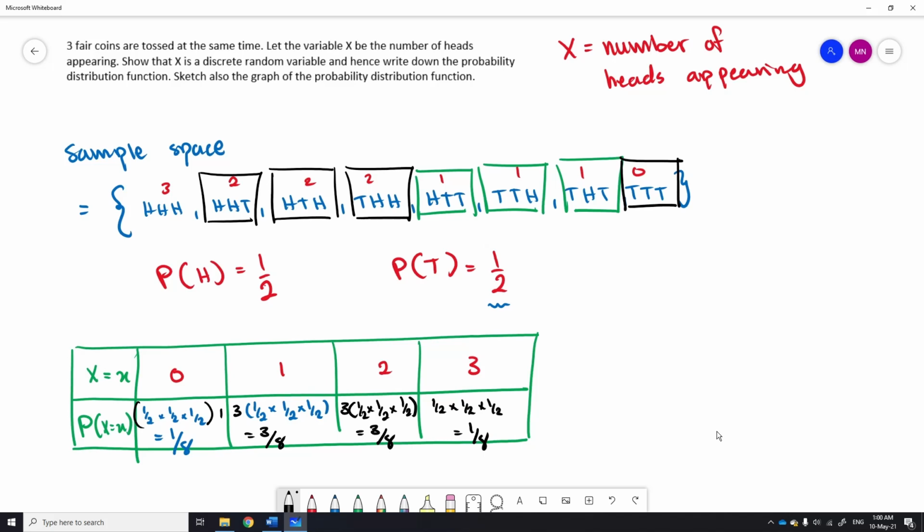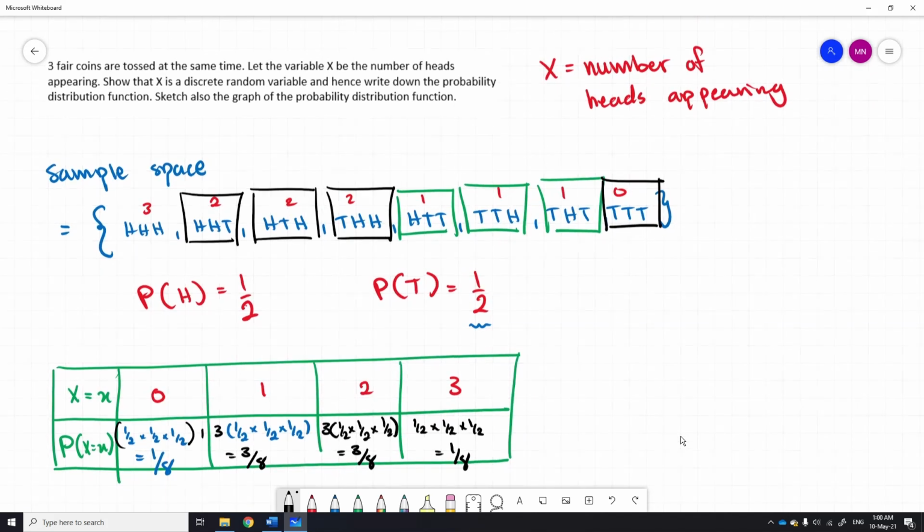Alright. So next is to show that x is a discrete random variable, and hence write down the probability distribution function. Okay. How to prove that this random variable x is discrete? So we take all the total possibilities or the total outcome. We calculate it like this. Probability of x, the random variable, from 0 up to 3. So we have to do this calculation.